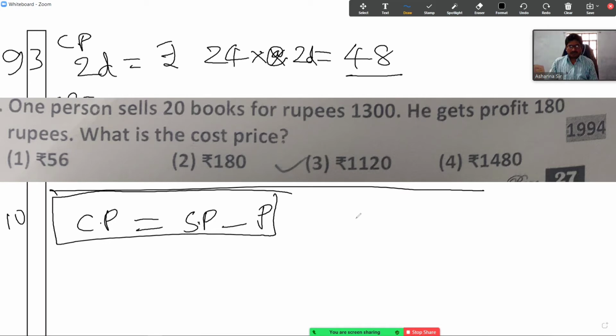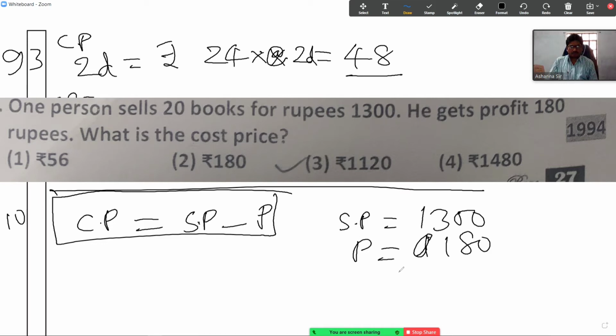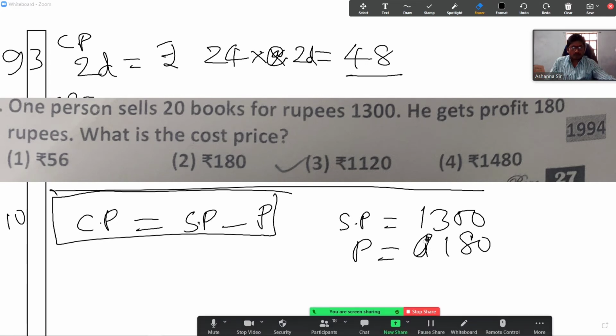So here the given selling price is 1300 rupees, and profit is also given, 180 rupees.